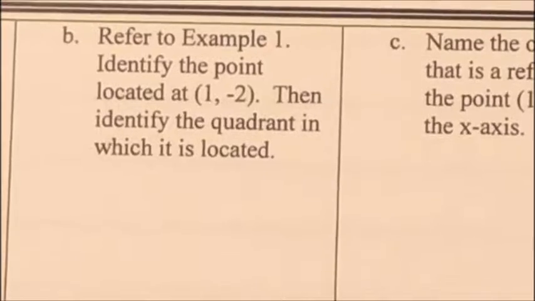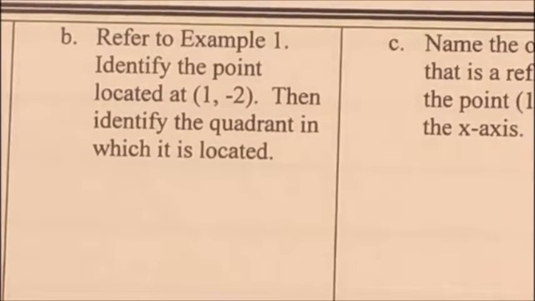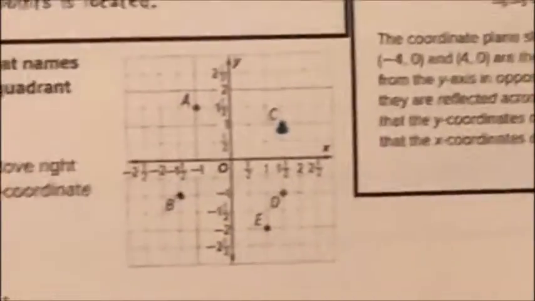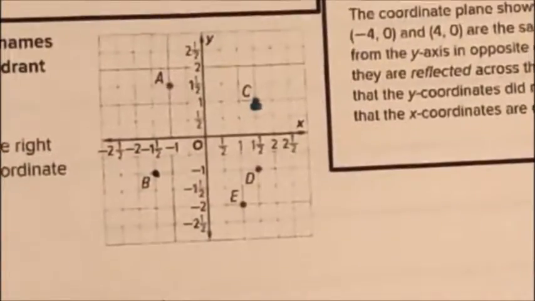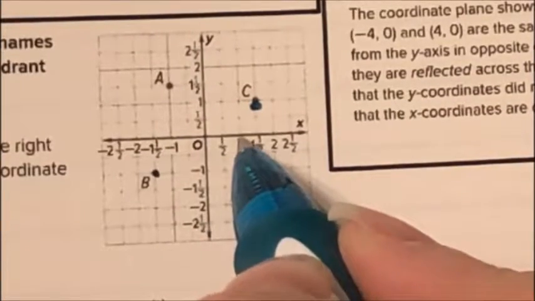Letter B says refer to example 1. Identify the point located at (1, -2). Then identify the quadrant in which it is located. So back to example 1. It told me 1. So go over to 1, which is right here.